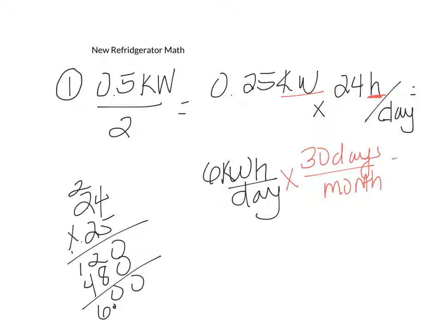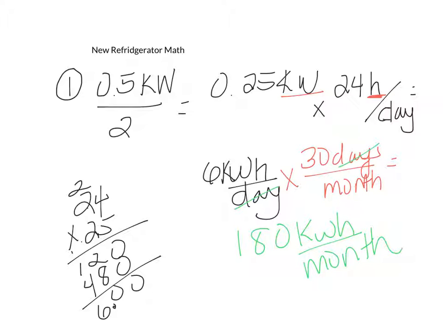And so now we're going to notice that our days cancel out through dimensional analysis. And we're going to be left with 180 kilowatt hours per month. And that's our answer.